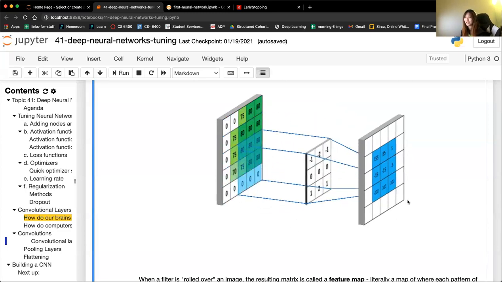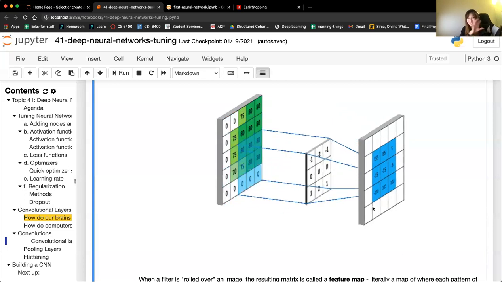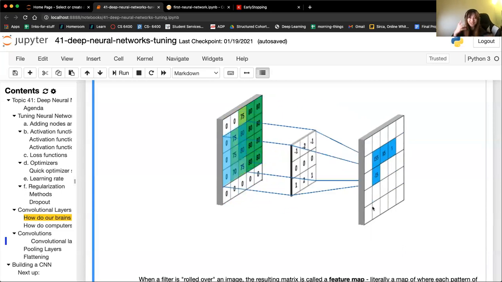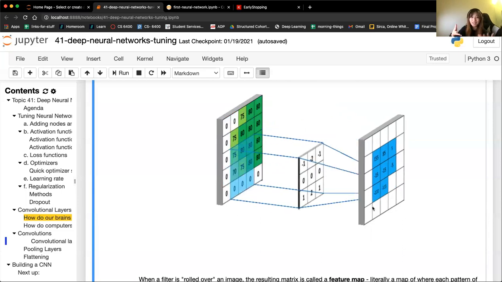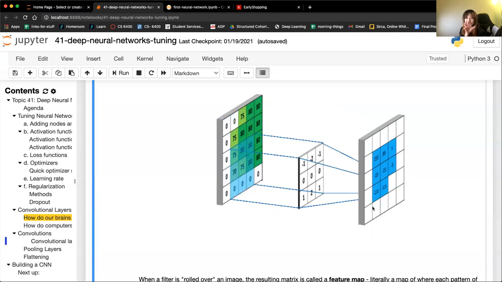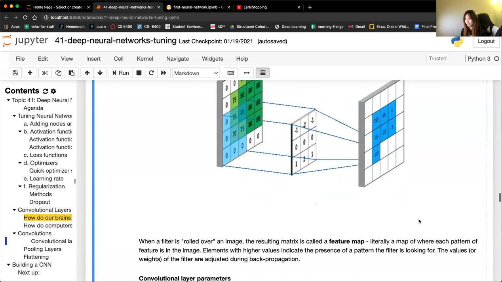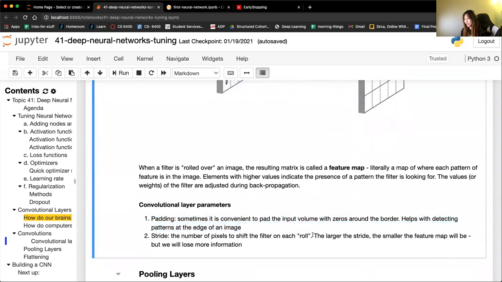Sometimes if you have a filter of 5 by 5, it might take a long time to shift it across the whole image, and you might not need that level of intricacy. So you can set the stride to be equal to 2, and then it will go 2 pixels every time. The larger the stride, the smaller the feature map will be, but we will lose more information.